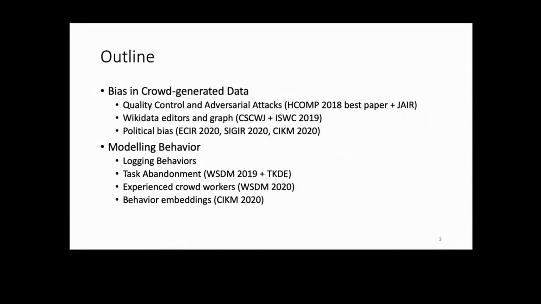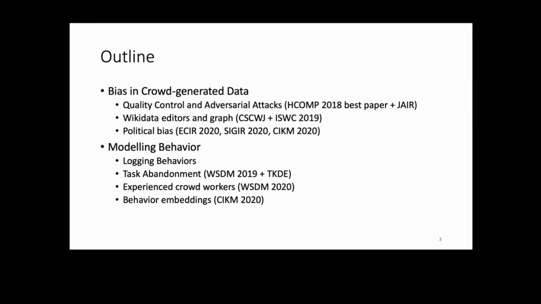And then in the second part, I will talk about interaction behavior data and how we can use that to better understand the population of individuals annotating data. And again, how can we use this data and models to improve the working conditions for the human annotators, but at the same time to improve the quality of the data that we are collecting from these human annotators, and then we are training supervised models with.